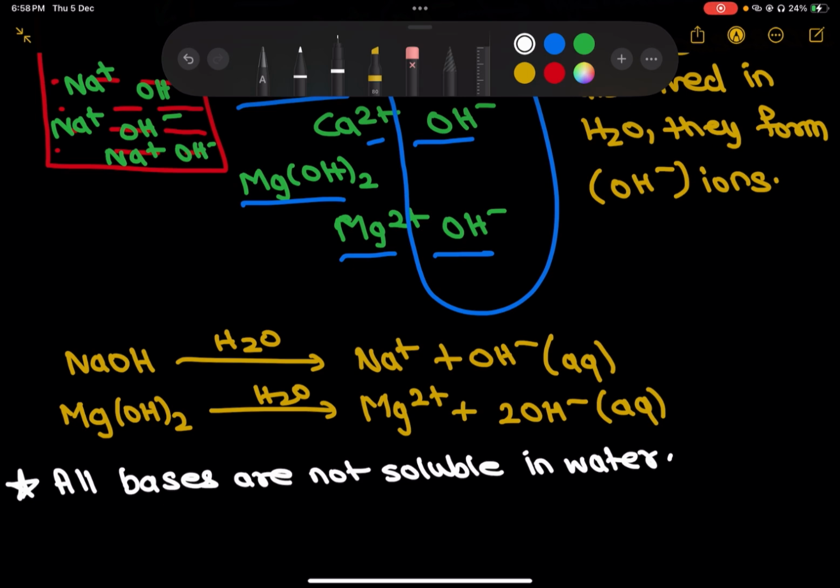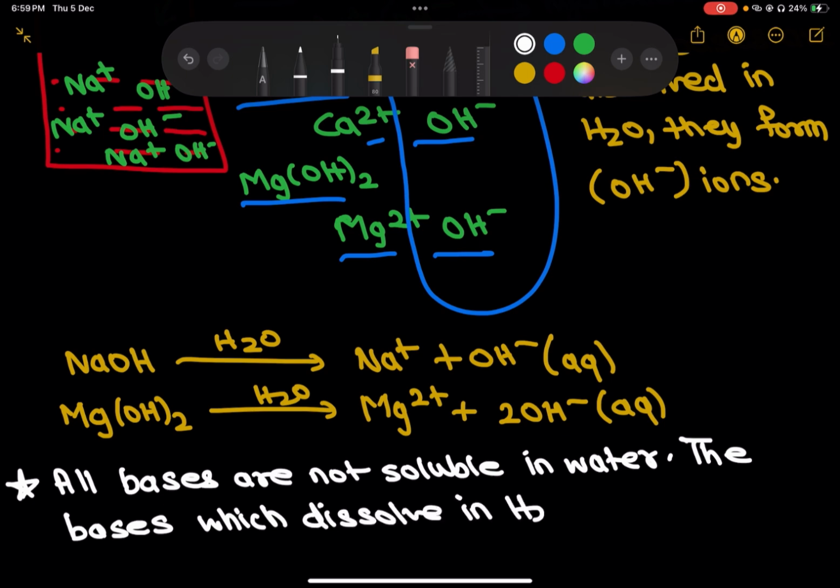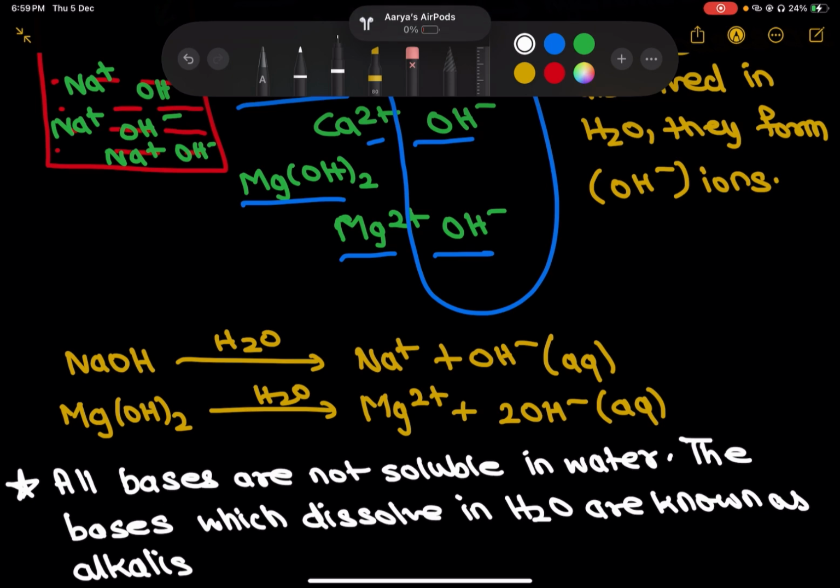The bases which do dissolve in water are known as alkalis. Just remember that.